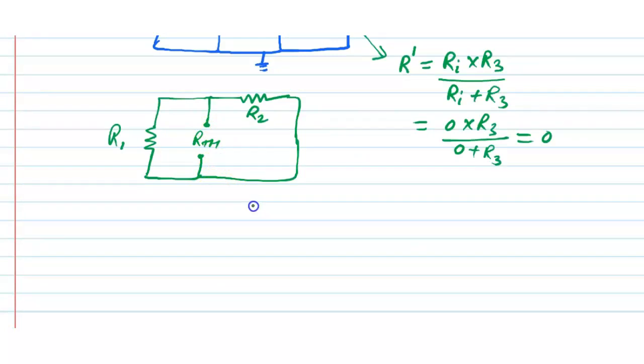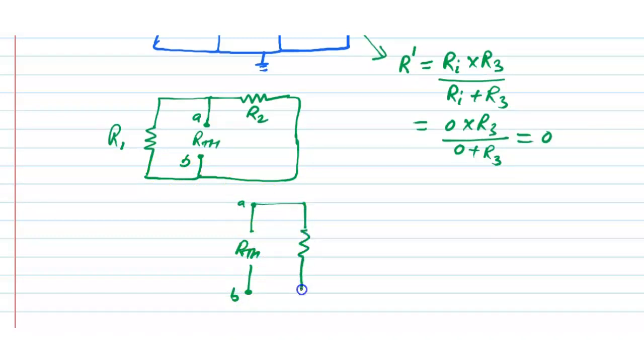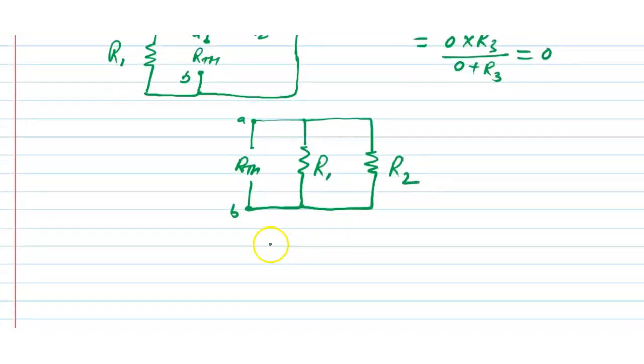This is the A terminal, this is B. Now this can be assumed as R1 and this is R2, because at this terminal this resistance is here and this resistance here. That means RTH is the parallel combination of these two resistances.